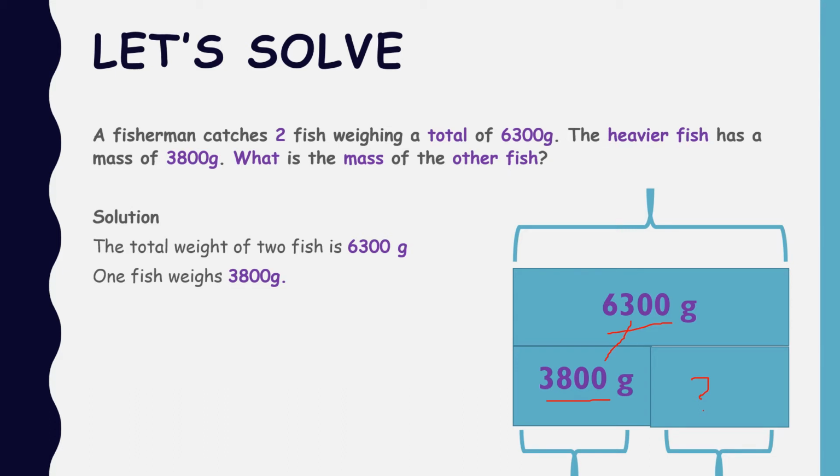And this is exactly what the problem wants us to do: what is the mass of the other fish? So we are going to subtract. The other fish weighs 6,300 grams minus 3,800 grams, which gives us the answer, and we are going to enter the answer in our bar model. Okay? So this was an example of a simple bar model problem.